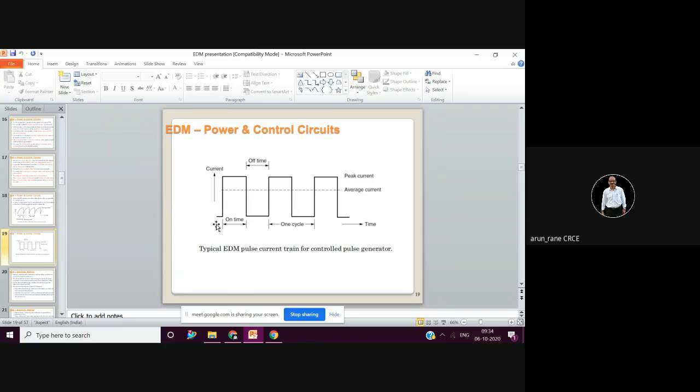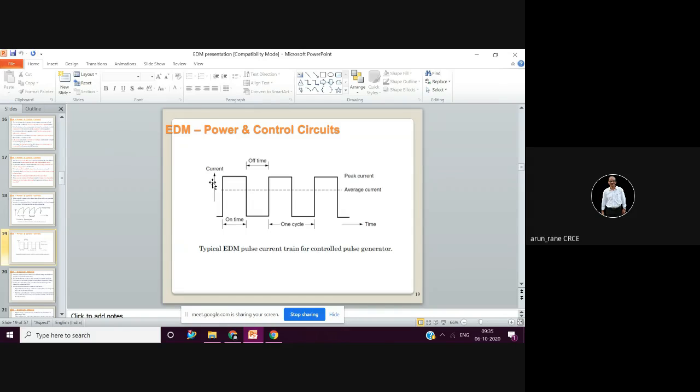It will take some time. The peak current is nothing but the maximum current, and average current is the mean current over a cycle. So all this can be set, and it can be programmed in a DC pulse generator, and that's why the DC pulse generator is important. These are the machining conditions.